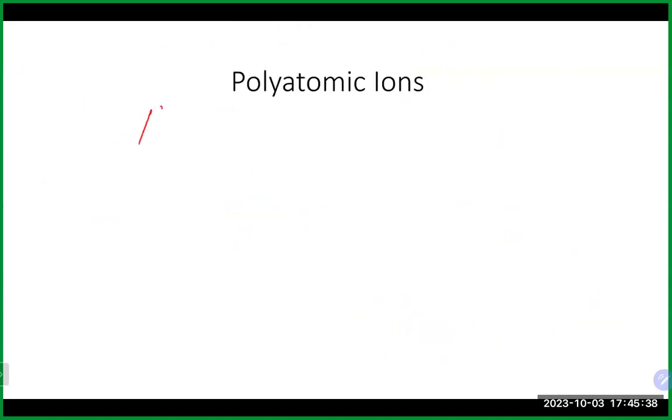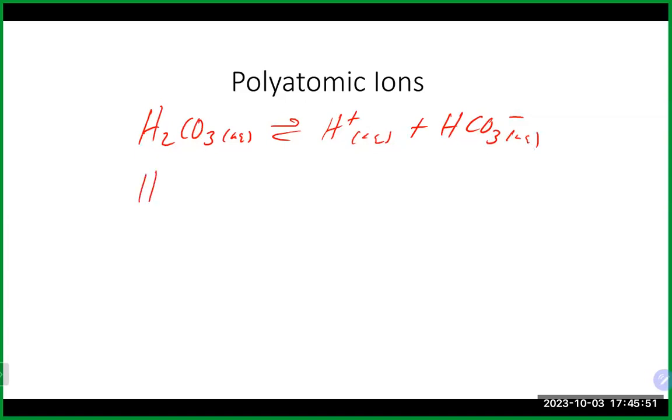So something like H2CO3 is actually a weak acid, and when it breaks apart, it will lose one hydrogen and make HCO3 minus. And something like HCO3 minus can also lose one hydrogen and make carbonate.